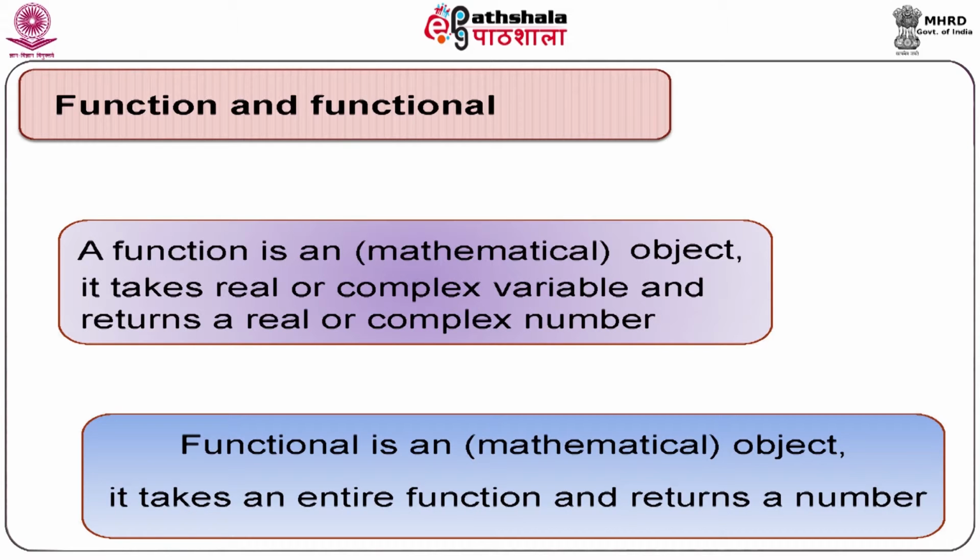On the other hand, a functional is a mathematical object which takes an entire function and returns a number. So, you can note that a function takes a variable and returns a number, whereas a functional takes an entire function but returns a number.